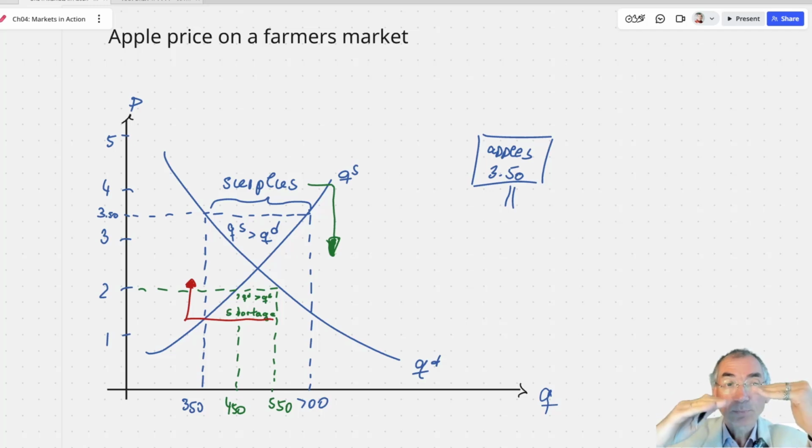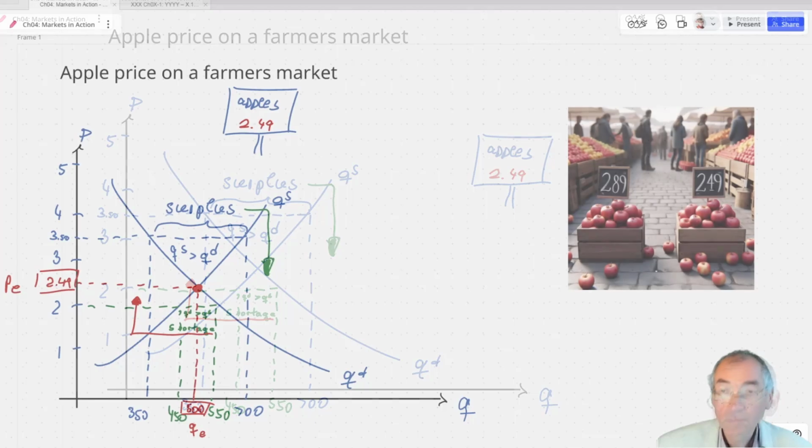And so this process of trial and error, price a bit higher, price a bit lower, and so on, is the typical process that we observe on markets, even if we observe it on our own. And you can often see on these markets that prices are changed, and then you have no longer 3.50 here, but let's say, for example, 2.49 as a starting point.